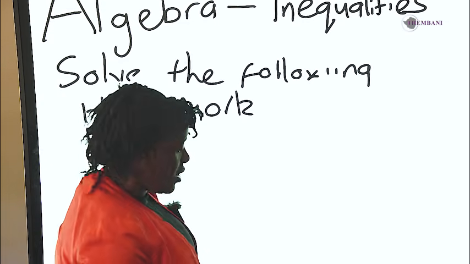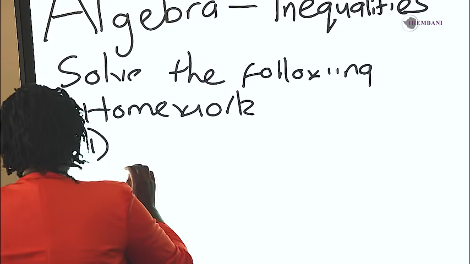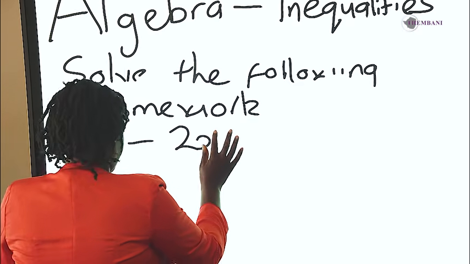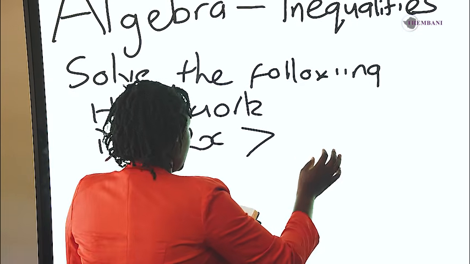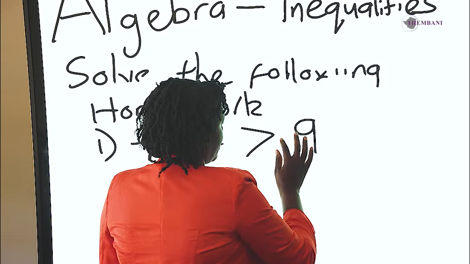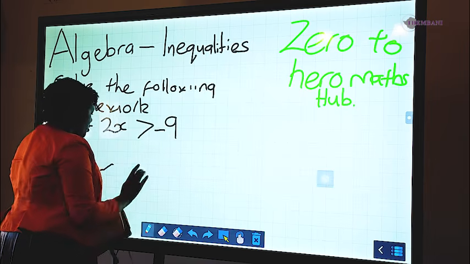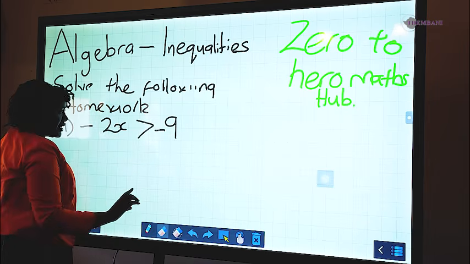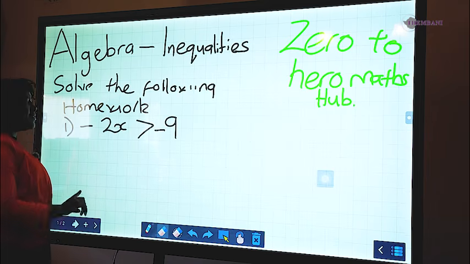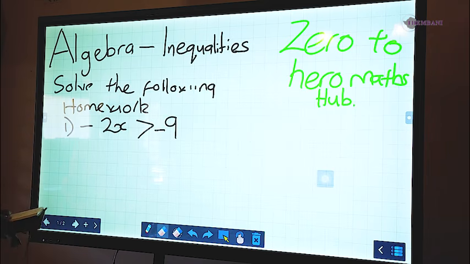Our first question will be negative 2x is greater than 9, which is also negative. Let me get my eraser. I want to see what will happen to that question.